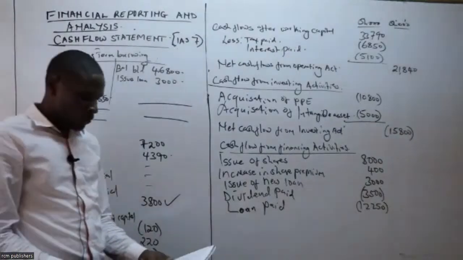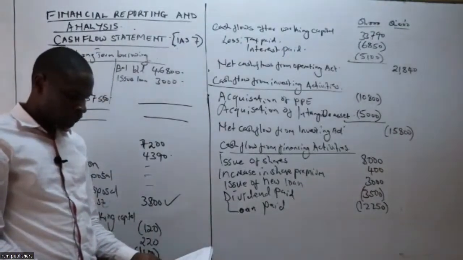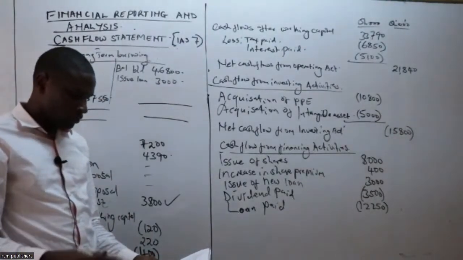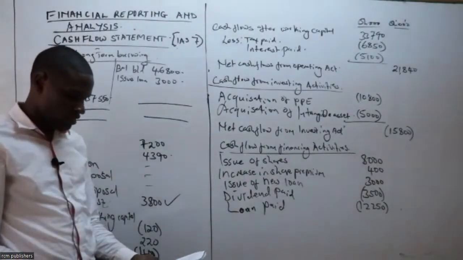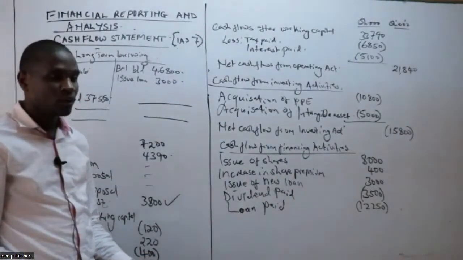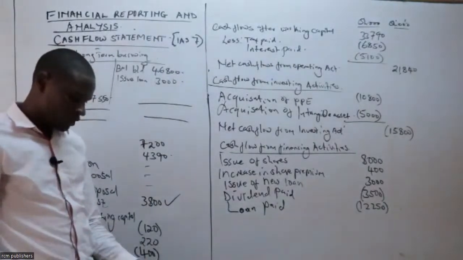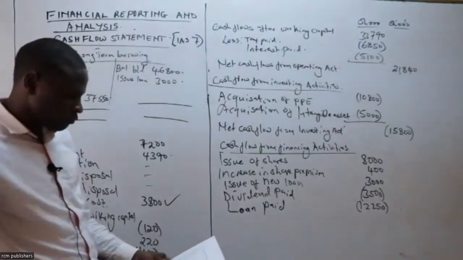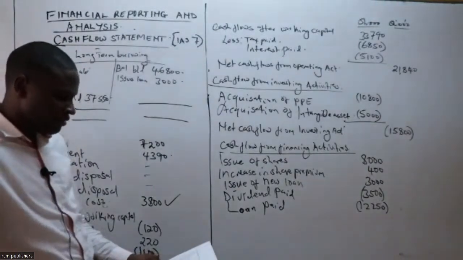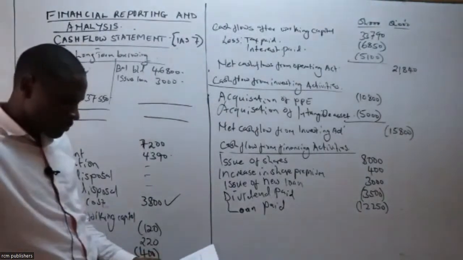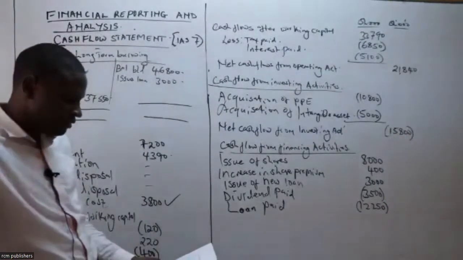Then I want to look at the revaluation. There's a revaluation that one of us is asking about. Remember, we had this revaluation this year. Look at additional information number 1. During the year, on 1st October 2023, the property was revalued upward for a gain amounting to this.